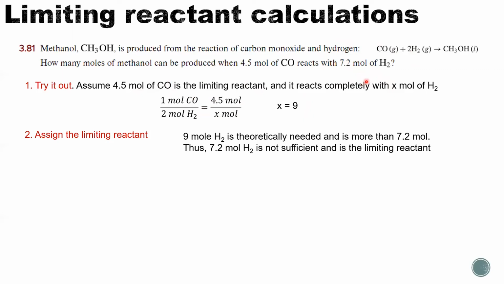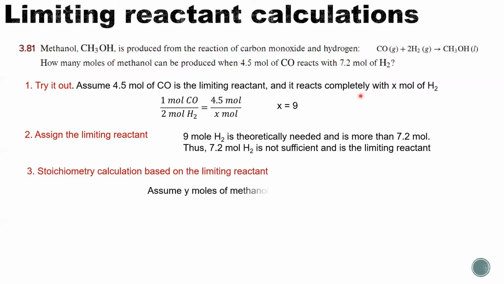Now we have determined which one is the limiting reactant, and all the other calculations should be based on the limiting reactant, hydrogen. So when it asks how many moles of methanol can be produced, that calculation needs to be based on the hydrogen. We can do the stoichiometry calculation. Assume Y moles of methanol can be produced.